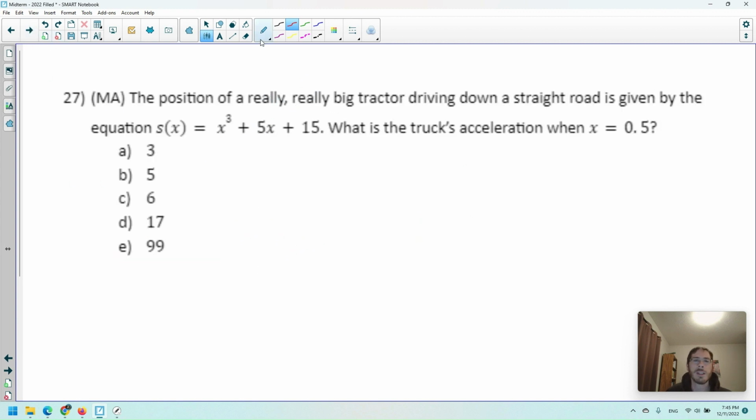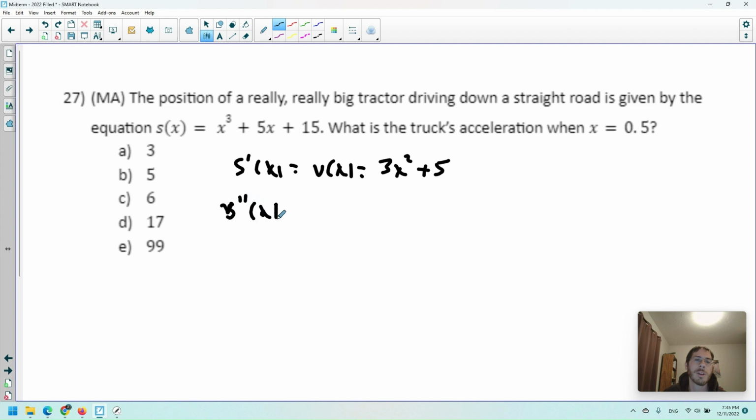Next one, we have a really, really big tractor. We're driving down a straight road. We've got our equation for position here. Remember, position is going to be s of t, even though it doesn't say specifically this is position. Find the truck's acceleration. So that means we need to find the second derivative. So s prime of x is v of x. So that's going to be 3x squared plus 5.